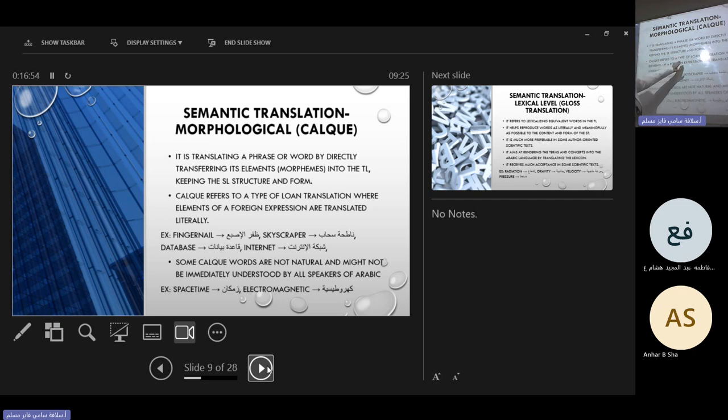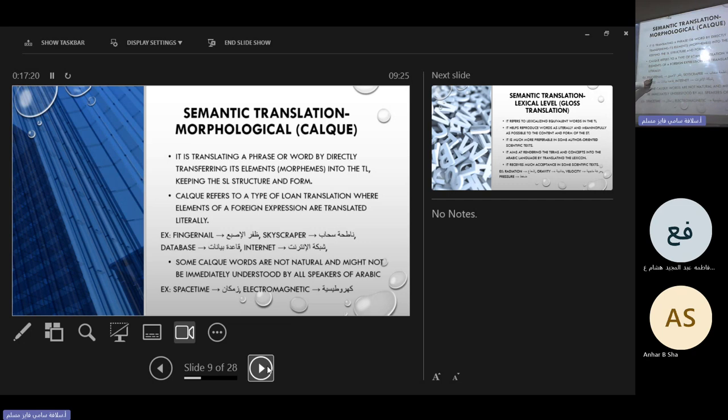Calque refers to a type of loan translation where elements of a foreign expression are translated literally. We're still talking about semantic translation. So whether it's phonetic, morphological, or the third one, it will always be a literal translation with some tweaks or changes into the Arabic or the target language system.